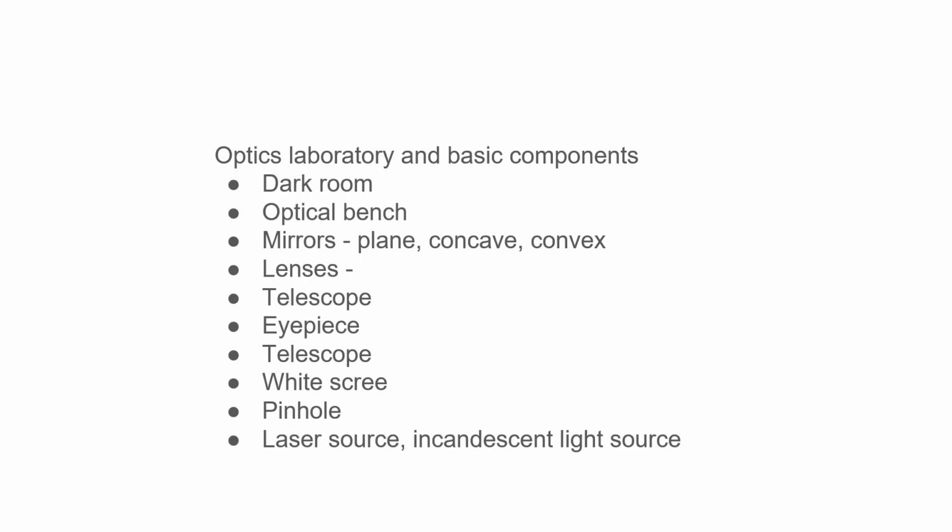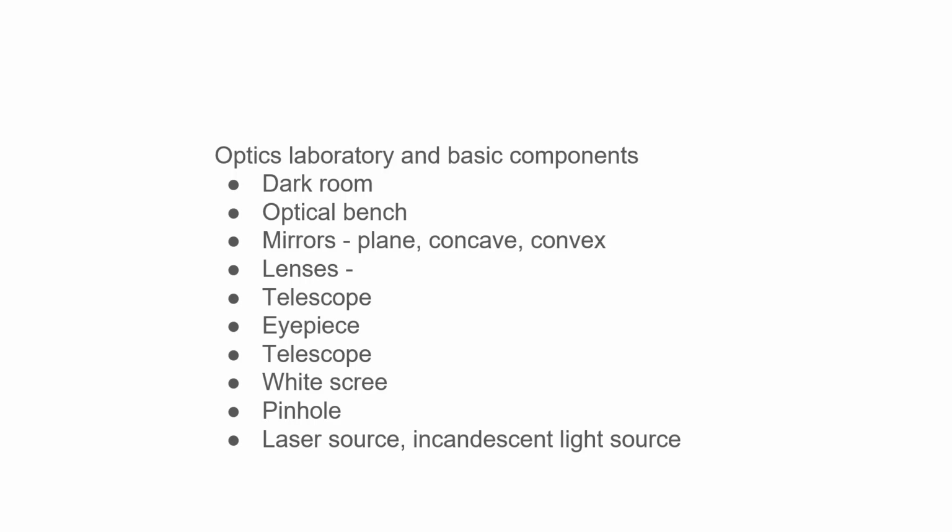Then a telescope with which we see, eyepiece, wide screen, pinhole, various kinds of light sources, which include red or green light, laser light source, or sodium light source, which is yellow in color, or incandescent light sources. So this week he started giving us these basics of the components.